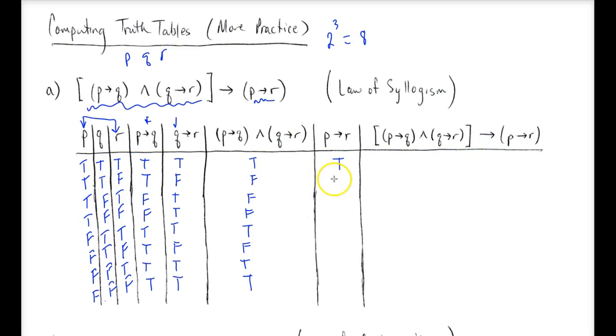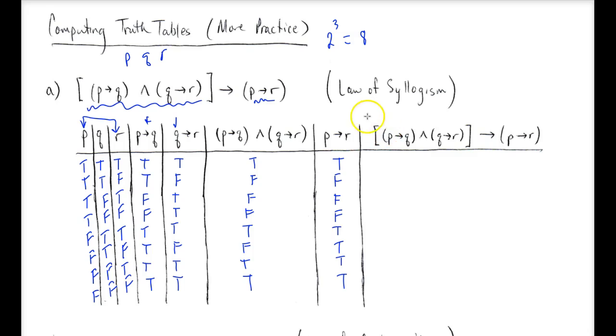True, false is going to be false. True, false is going to be false. True, false is going to be false. False, true, false, false, false, true, and false, false are all going to be true. So these last 4 are going to be true statements.